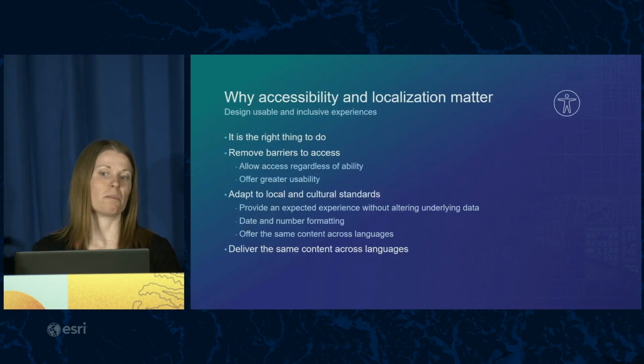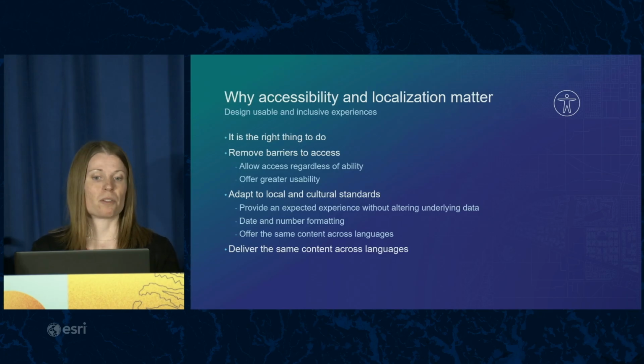So why accessibility and localization? Well, the first thing is it's just the right thing to do. We're going to account for more inclusive design. We're going to have a lot more support for more audiences as we're considering accessibility and localization. So it removes that barrier for access, allowing access regardless of ability, and offers greater usability to everyone.